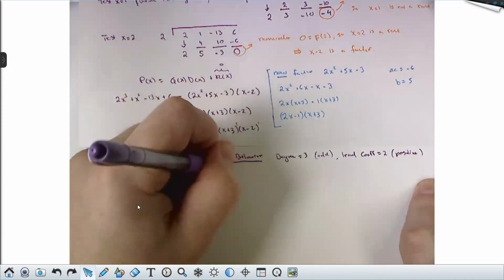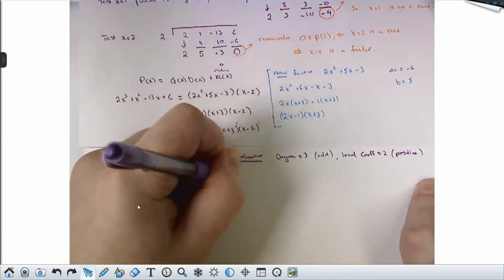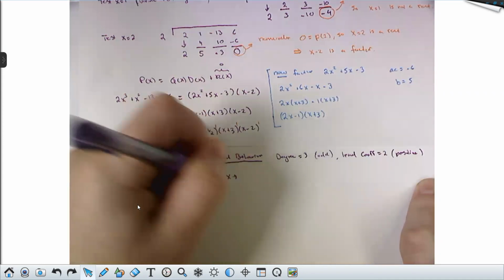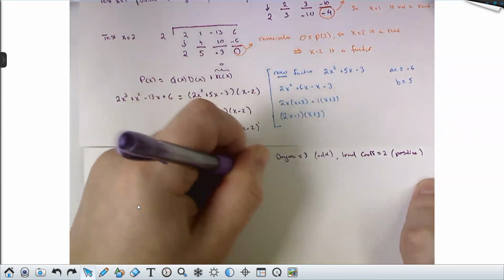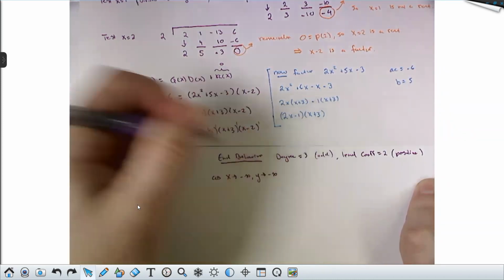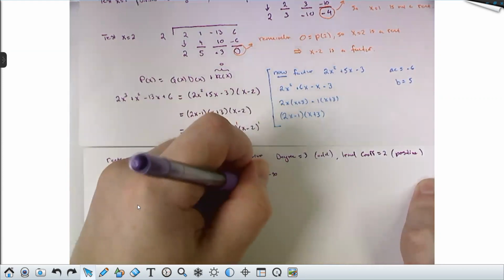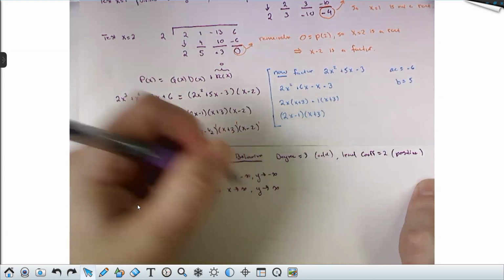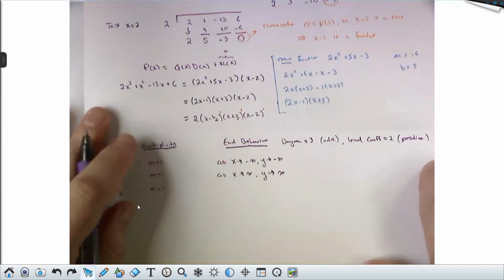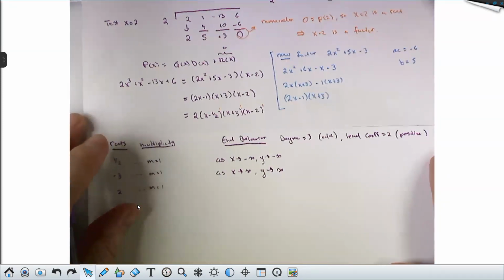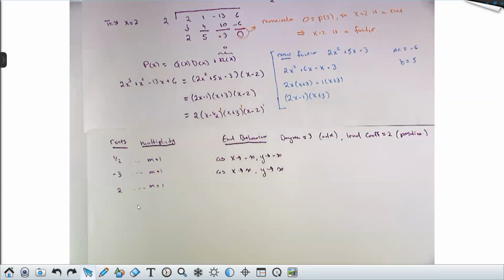So my end behavior is this. As x goes to negative infinity, y goes to negative infinity. And as x goes to positive infinity, y goes to positive infinity. Right, that's the end behavior associated with an odd degree and positive lead coefficient.